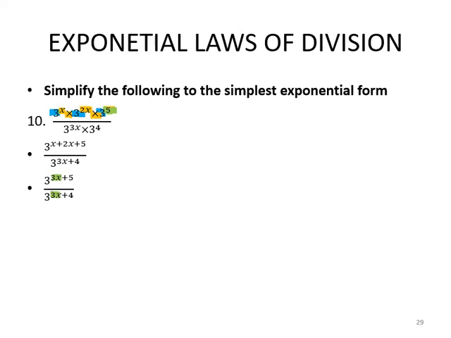But this here will, however, help me determine whether I subtract from the numerator or from the denominator. 5 is bigger than 4. So here I have to subtract from the numerator. So I'm going to take this whole exponent and minus this whole exponent.